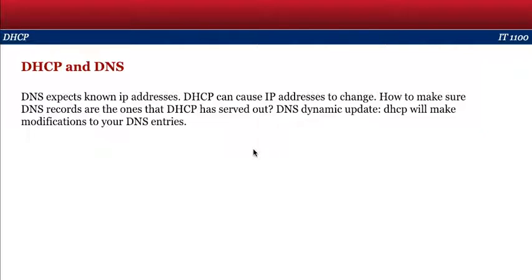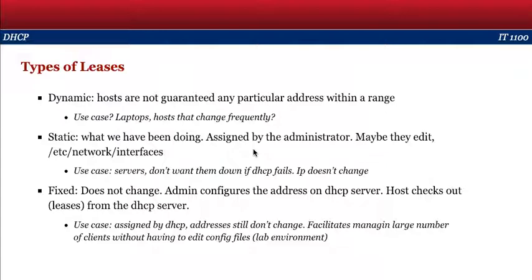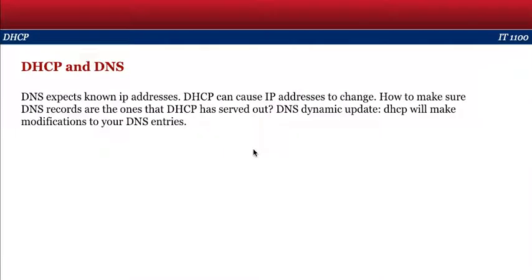Well, first of all, if I'm putting something in DNS, I would usually just make it a static address on the server or a fixed address so that they don't change. But in the case that I want a dynamic address on my server, there is such a thing as DNS dynamic updating, where DHCP can go modify your DNS entries.